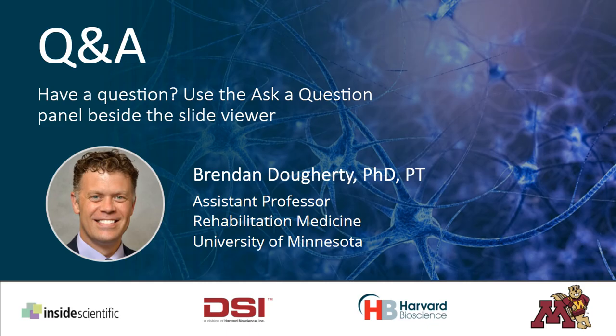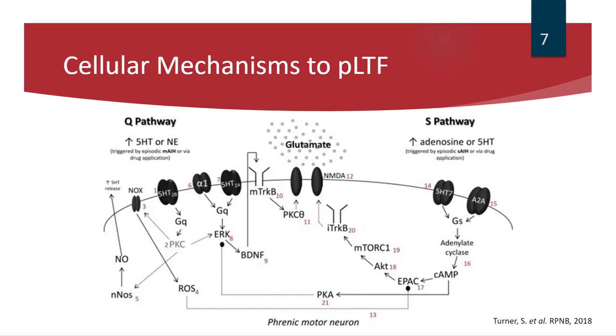So I'm not exactly sure that I understand the question completely, but I can go back and refer to what we currently know as the mechanisms of phrenic long-term facilitation at the cellular level. And again, it's that this reduction in the levels of oxygen, they stimulate the raphe neurons in the brainstem, which are the primary serotonin producing cells.